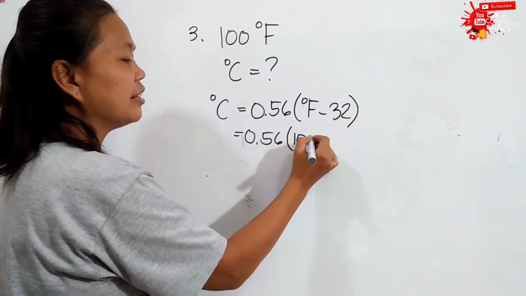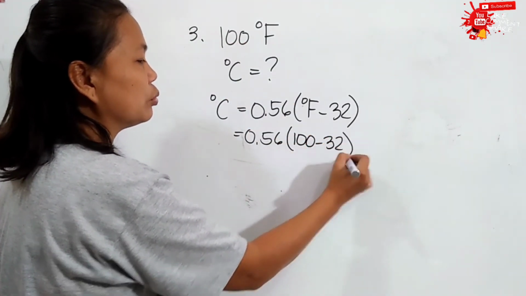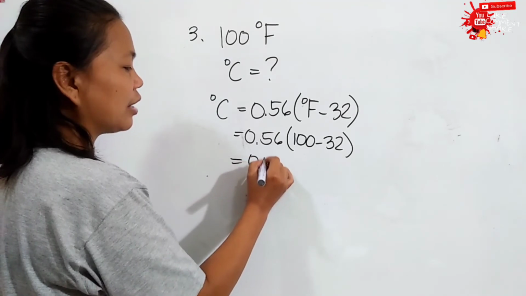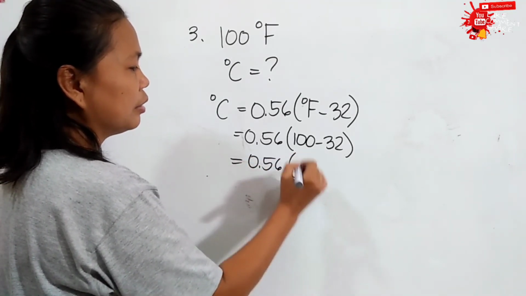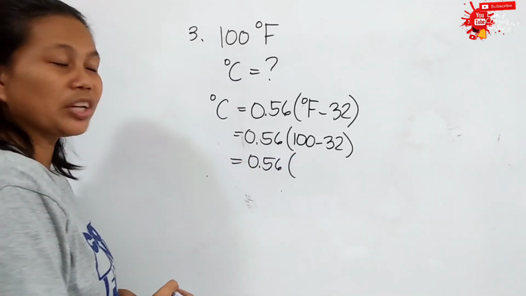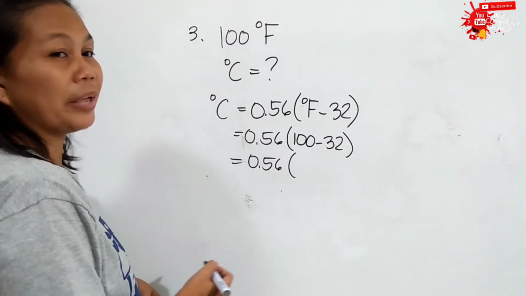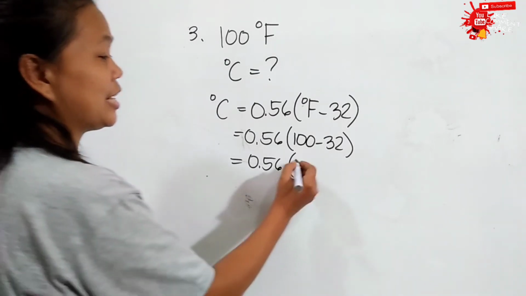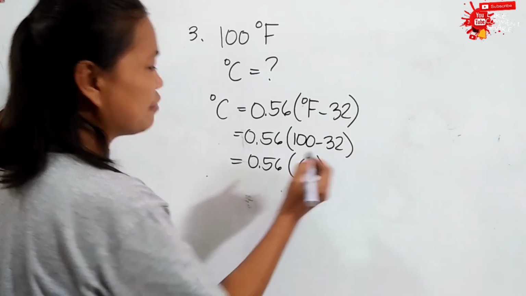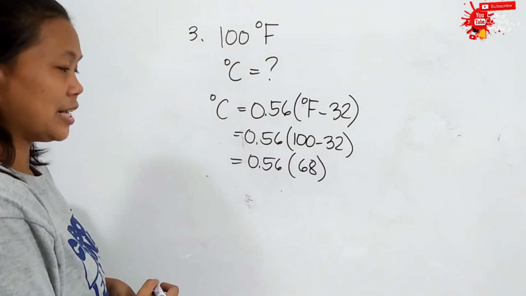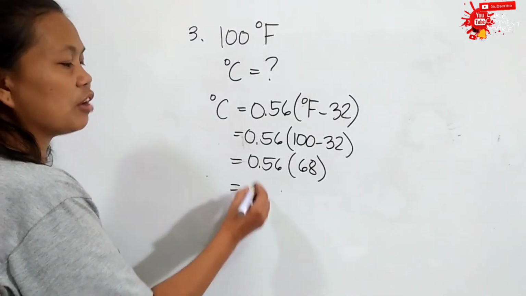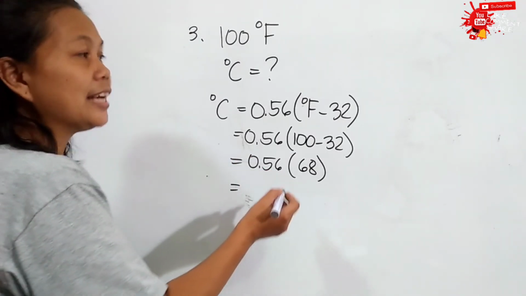So 100 minus 32. Let us subtract 100 minus 32. What is 100 minus 32? We have 68. So the difference is 68. And what is the product of 0.56 and 68?